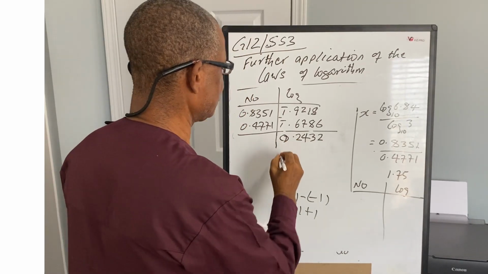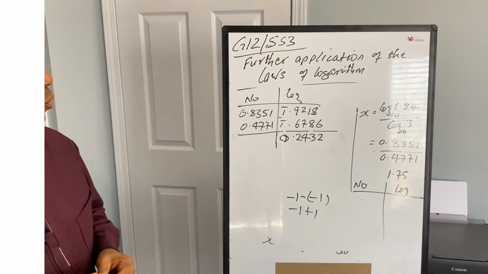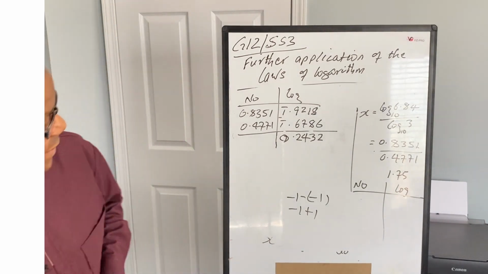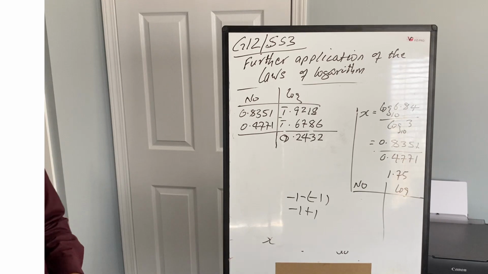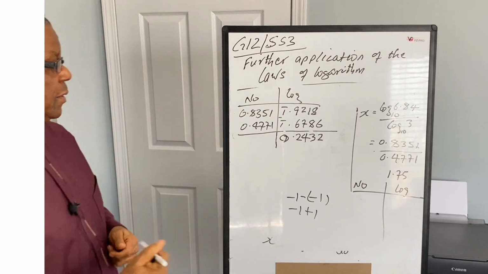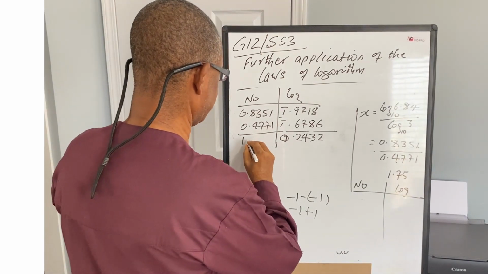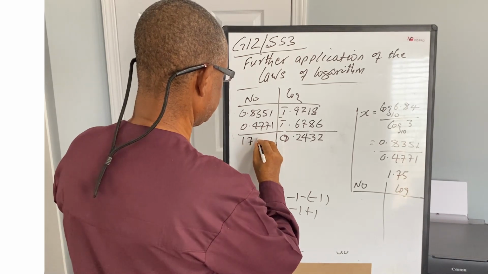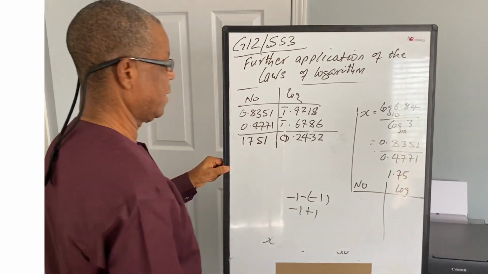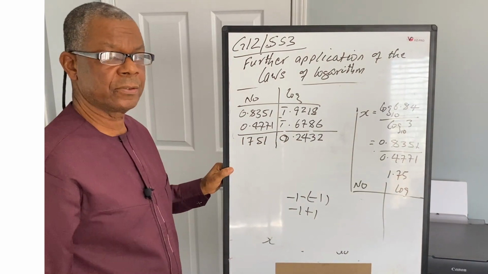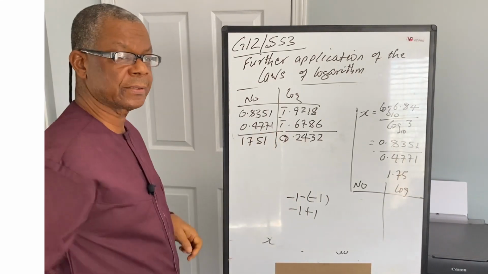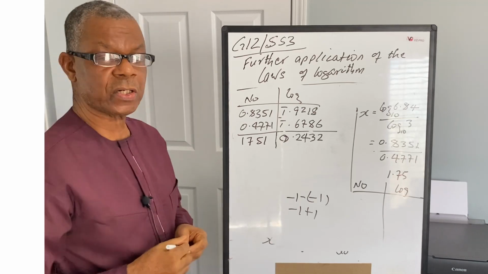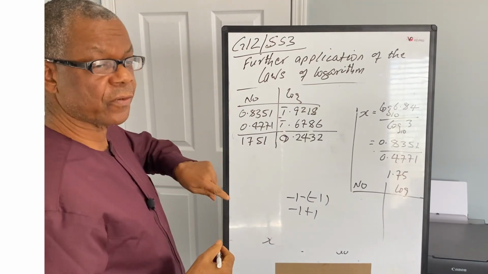You find the anti-log of 24 under 3 difference 2. This will give you, if you check properly, 1751. But this is 0. You know the normal thing. When we are coming from here to here, we add 1 to the integer. 0 plus 1 is 1. So you count 1 digit from your left.